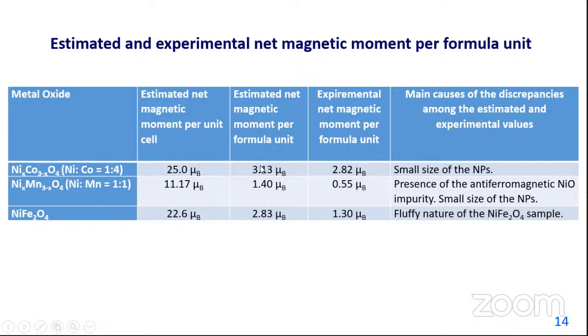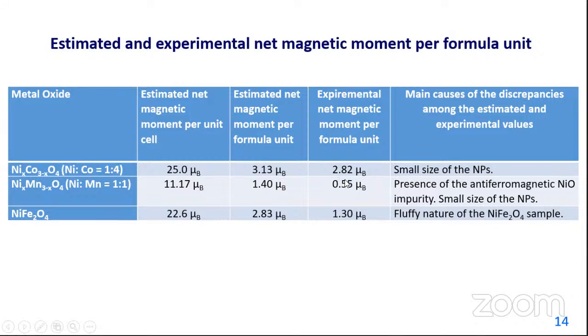In the second case we did the same thing. This is the theoretical value per unit cell, and per formula unit you should get 1.4 Bohr magnetons, but our experimental value is about 0.55 Bohr magnetons. As we know, this material has some impurities. Remember, we have nickel nanoparticles, which are normally ferromagnetic, but nickel oxide is not ferromagnetic, it is a diamagnetic material, so it really reduces the moment.